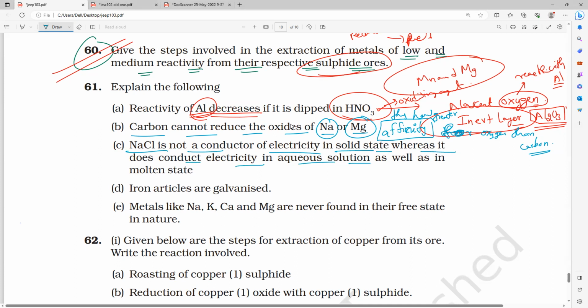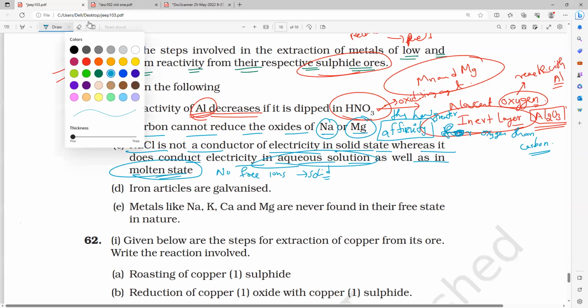Next, NaCl is not a conductor of electricity in solid state, whereas it does conduct electricity in aqueous solution as well as in molten state. Why? In solid state, no free ions. Once it is melted, in molten or aqueous state, if you want to conduct electricity, you need what?